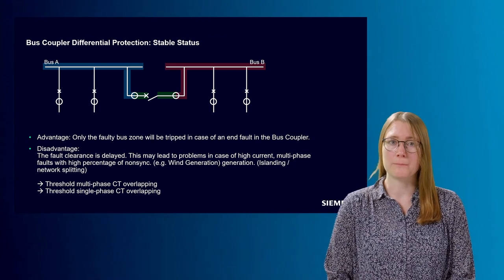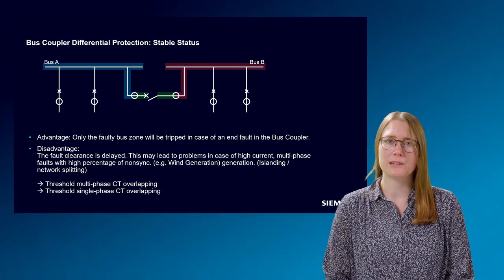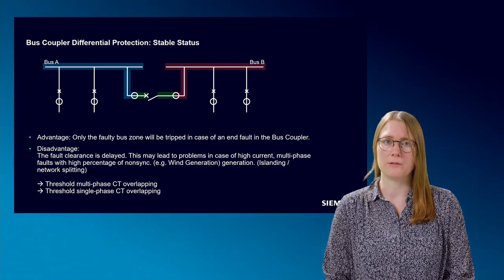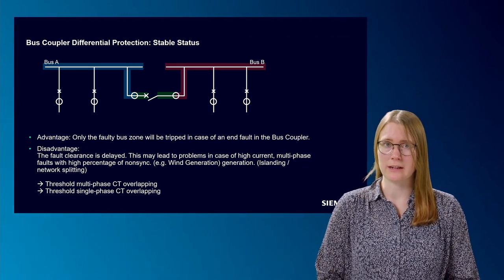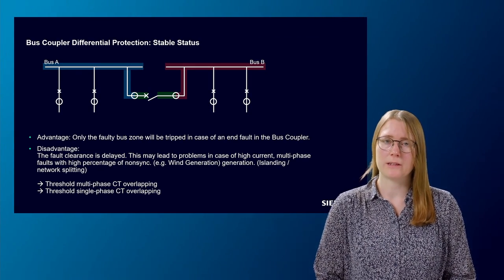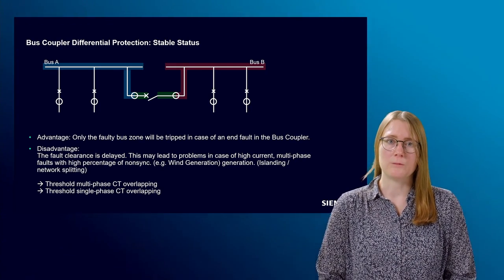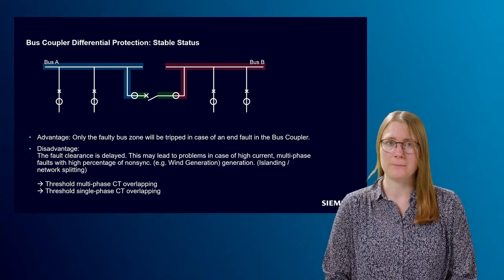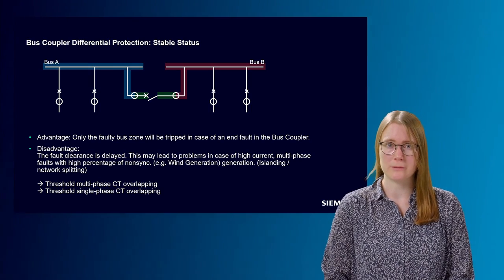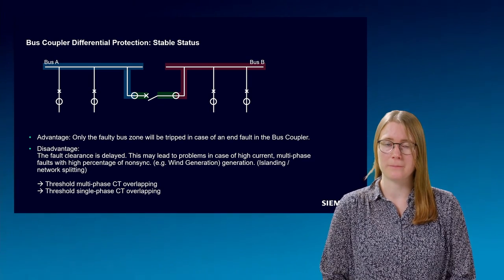For networks with many classic generators, slightly longer fault clearance times are usually not a problem because the inertia is higher. If you want to go deeper into this topic, we can recommend a paper that discusses this question, in which case the shorter tripping time of the overlapping mode is preferable to a selective release of the sequential tripping.